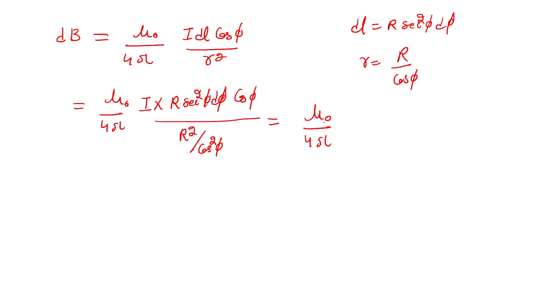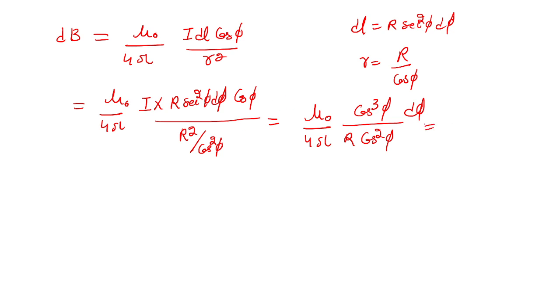So if you take this in the denominator, it becomes r, the r cancels out, and we get cos square phi and cos cube phi d phi, because the term goes upward.